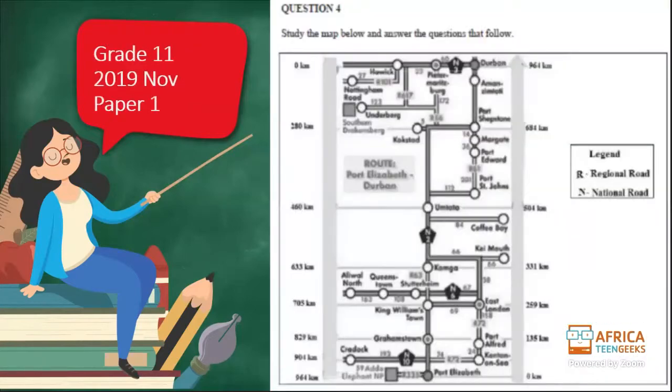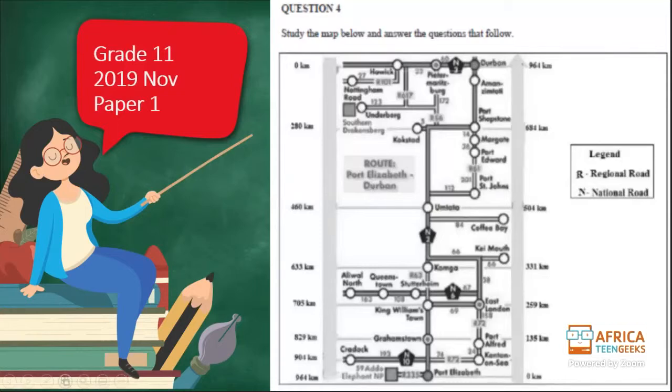Okay, our first question comes from 2019 November, paper one. I know it's a bit not clear, but I'll try to explain a few things before we continue. On top, it says, study the map below and answer the questions that follow, right? You can see on top there's a 0, and at the bottom, there's 964.